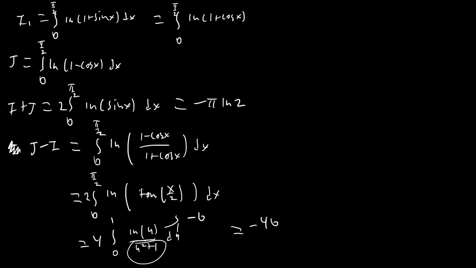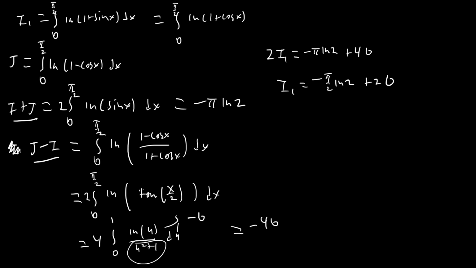And if we want to solve for our value of I1, we're just going to take I plus J and then subtract J minus I, and we're going to end up getting the value of 2 I1, which is equal to negative pi ln 2 plus 4G, and then simplifying everything, we're going to get that I1 equals negative pi over 2 ln 2 plus 2G.